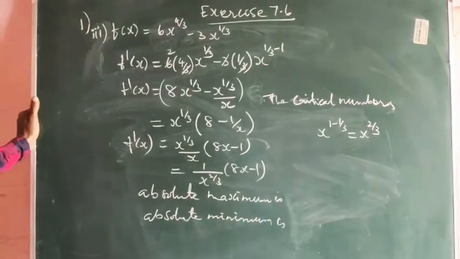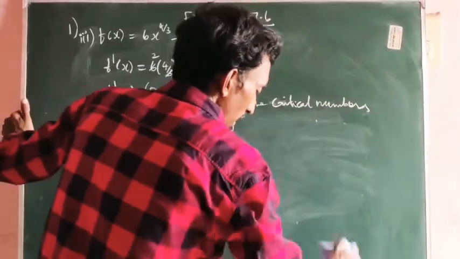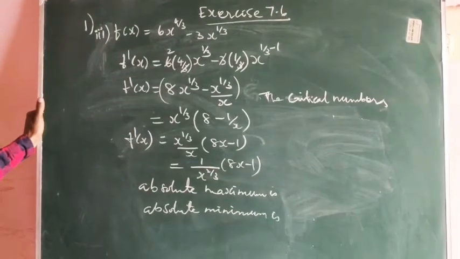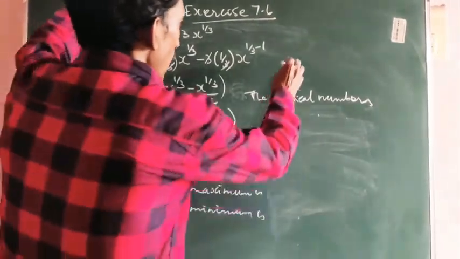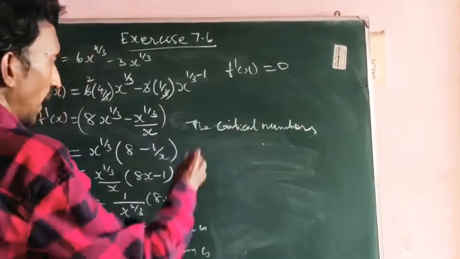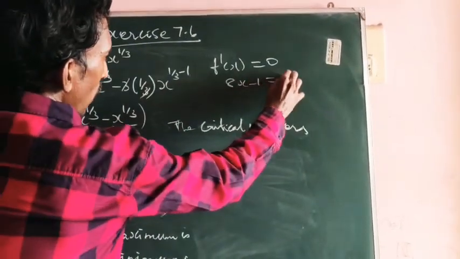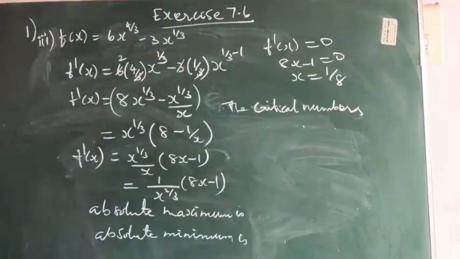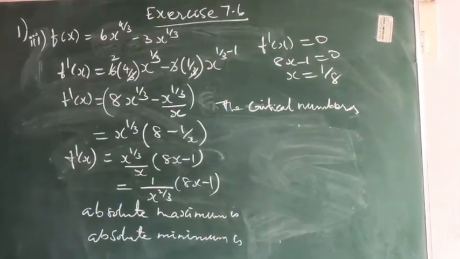Are you clear? Now, critical numbers mean either first derivative equal to 0 or first derivative does not exist. If we equate the first derivative to 0, we get 8x minus 1 equal to 0, x equal to 1 by 8.